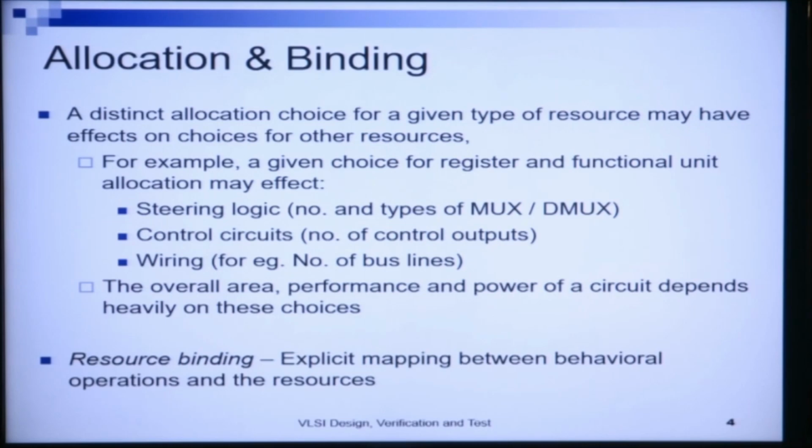Given a particular number and allocation of registers and a particular type and number of functional units, your steering logic, that is the numbers and types of muxes and demuxes, will depend on them. What will these muxes and demuxes do? Muxes arbitrate write accesses to functional units and registers. On the other hand, demuxes arbitrate read accesses from functional units and registers.